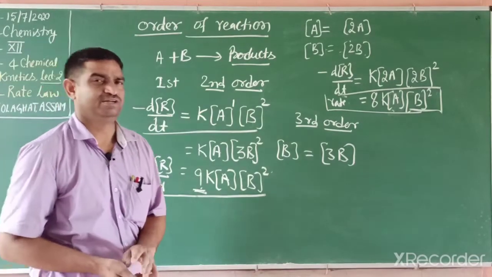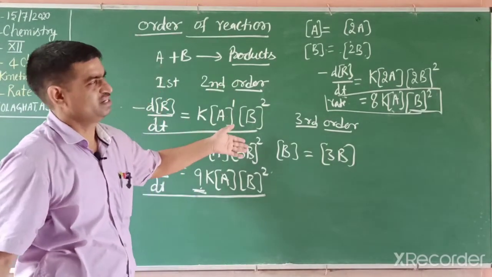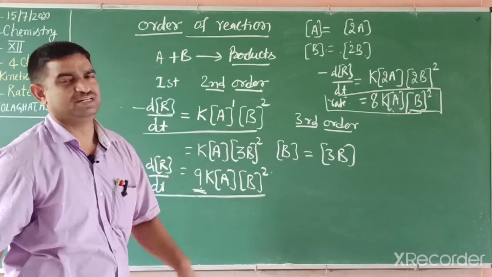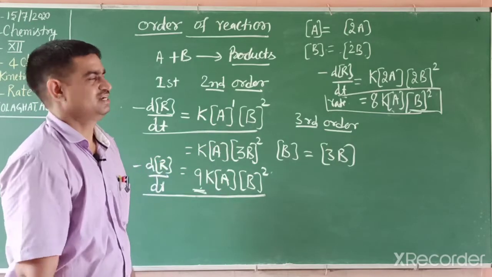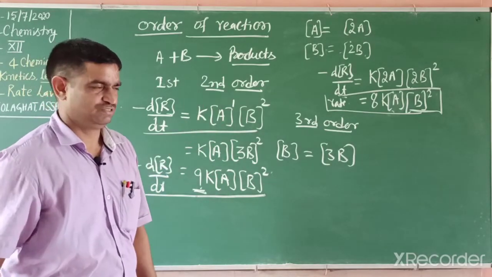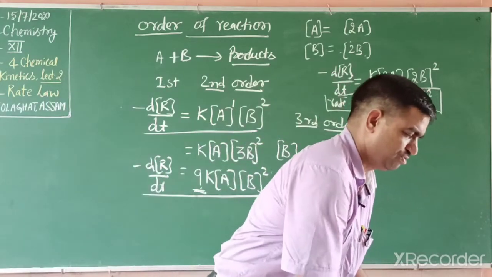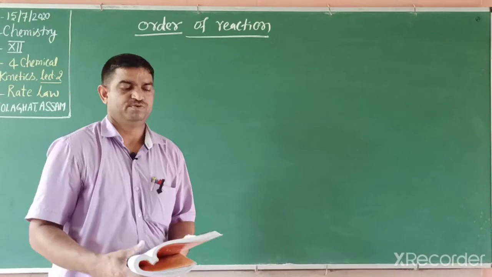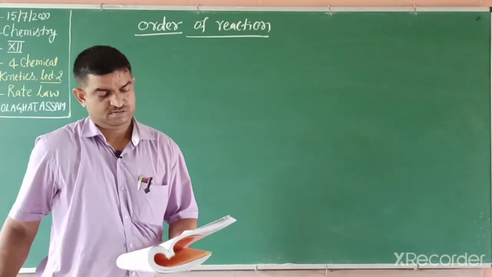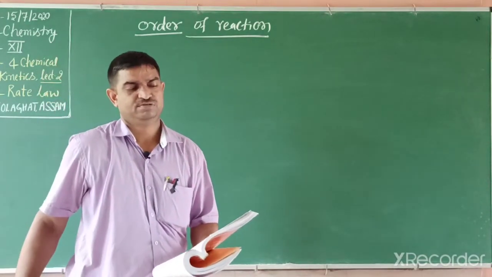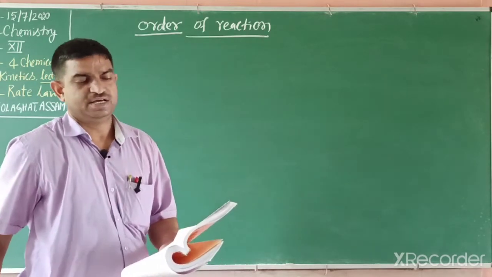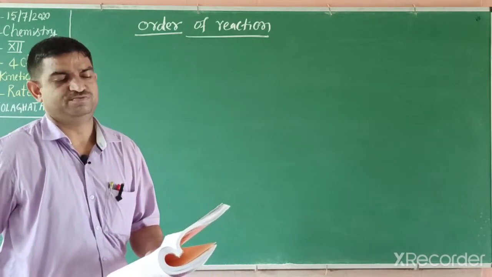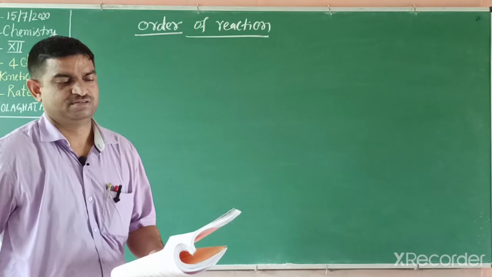You can solve other numericals given, and this numerical comes in CBSE exams many times, in annual and half-yearly exams. Students, we will solve one more numerical. Friends, one more numerical in the NCERT book, question number 6: a reaction is second order with respect to a reactant.